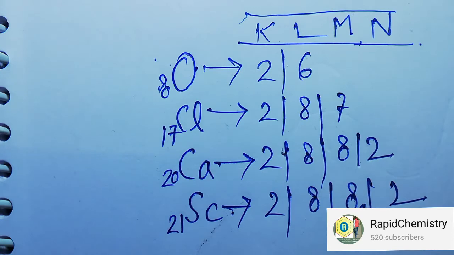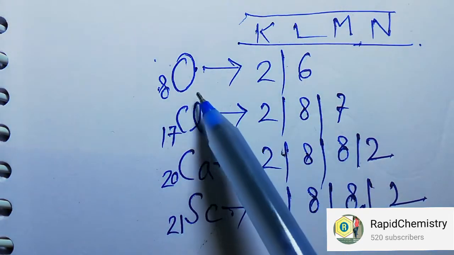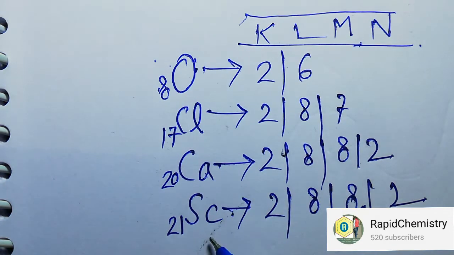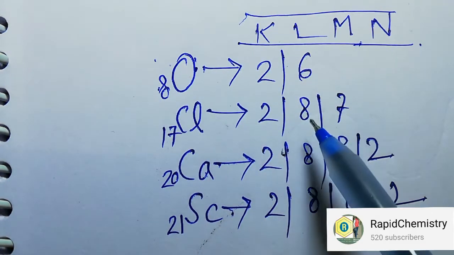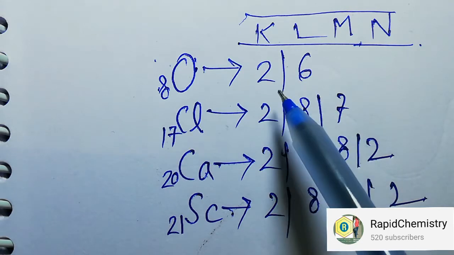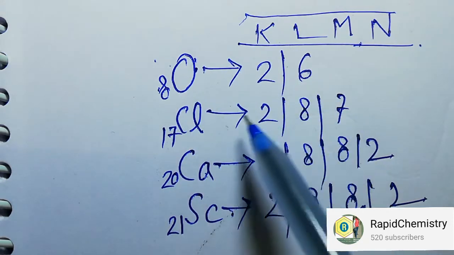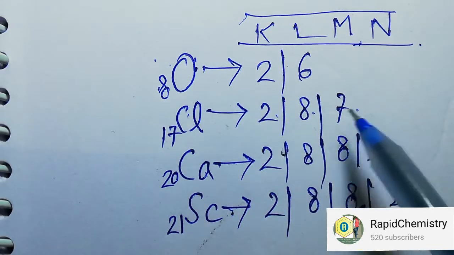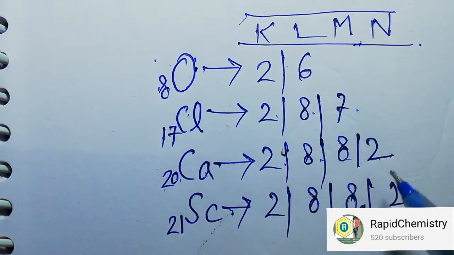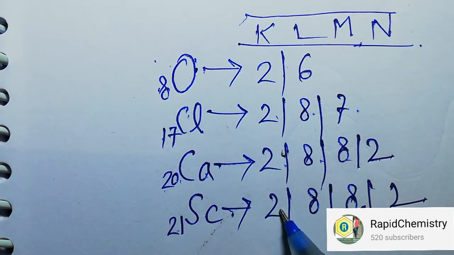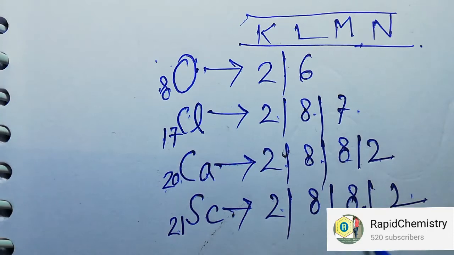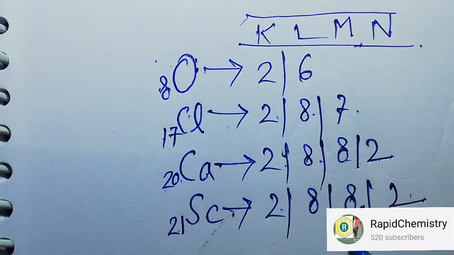Last year we studied how to write the electronic configuration, for oxygen, chlorine, calcium and scandium: oxygen 2,6; chlorine 2,8,7; calcium 2,8,8,2; and scandium 2,8,9,2. The explanation for why it is so was not clear then, but now in class 11 we will learn all this in detail.